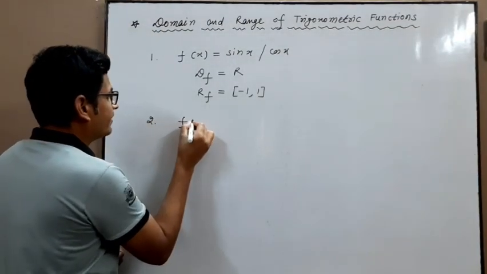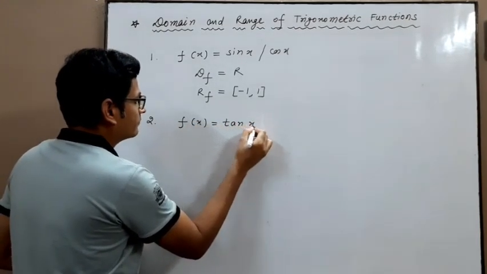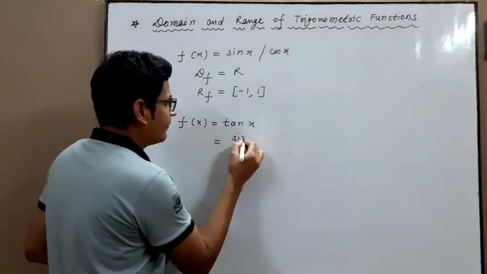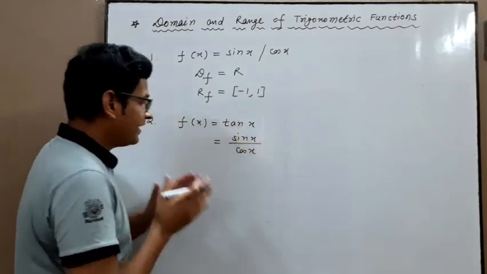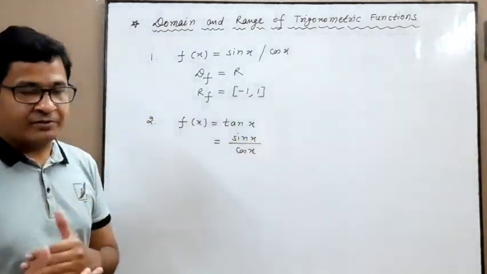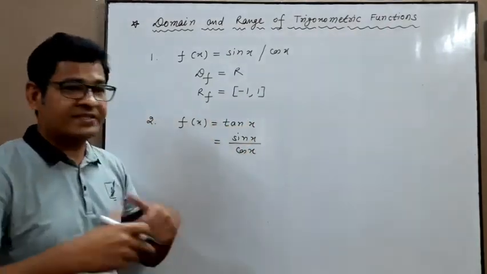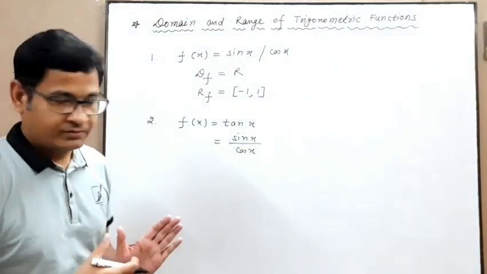Now f(x) is equal to tan x. tan x means sin x upon cos x. Whenever in any question in inverse trigonometry or trigonometry tan x is given, it means in that particular question cos x is not equal to 0, because we can't divide any number by 0.